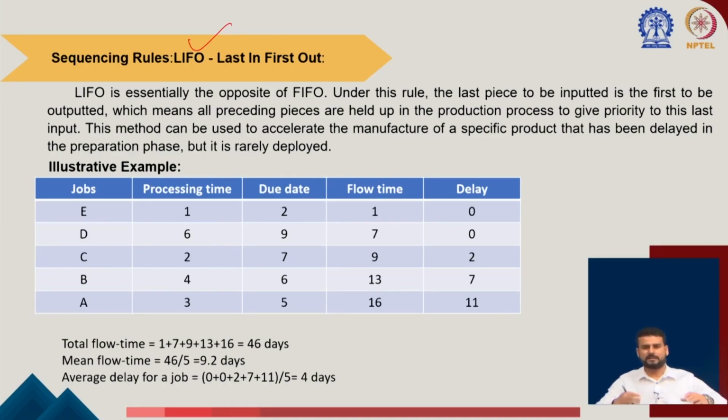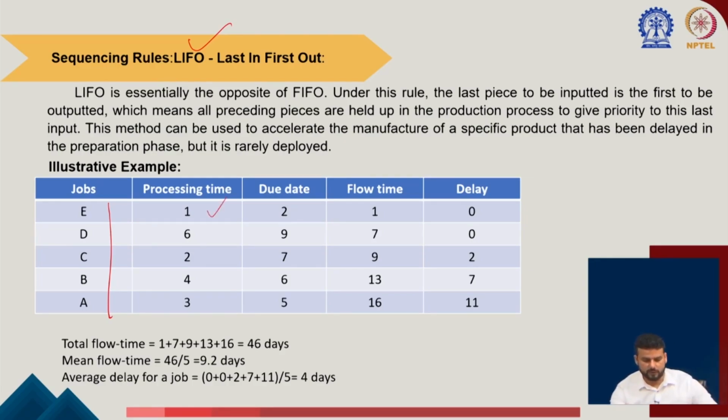If 10 students are submitting books to the library, there is a stack, a pile, so they will process the latest one first, then we will pick the second, third, fourth, and the book which came first will be processed last, right. So this is also an algorithm we are using, last in first out. Then the job sequence will be reversed, E, D, C, B, A, and accordingly the processing time is given.